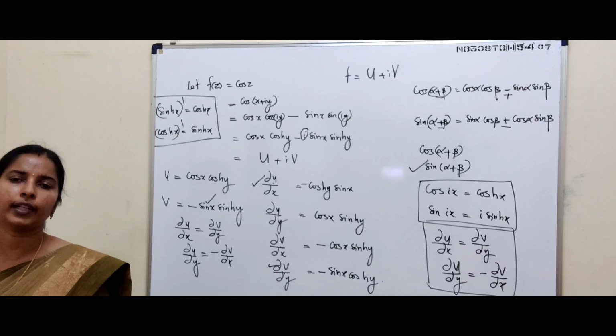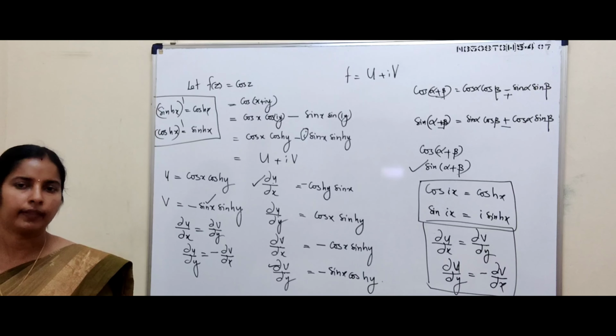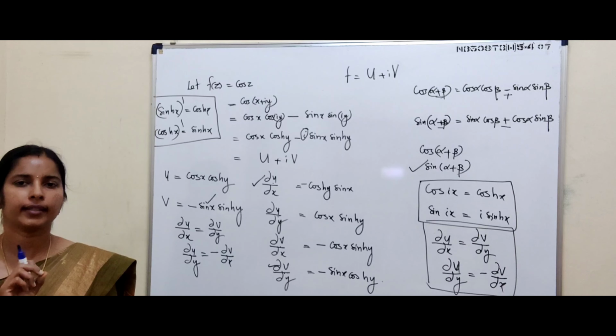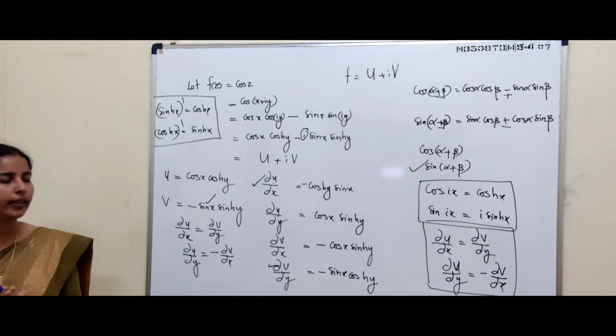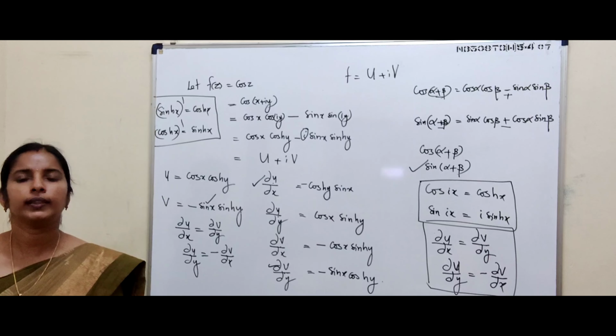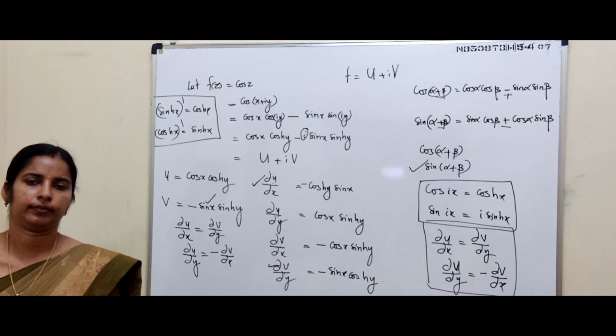And we know the product of continuous functions is continuous. That's why these four partial derivatives are continuous. In the examination, you just write a single sentence: clearly the four partial derivatives are continuous. So we can conclude cos z is analytic.